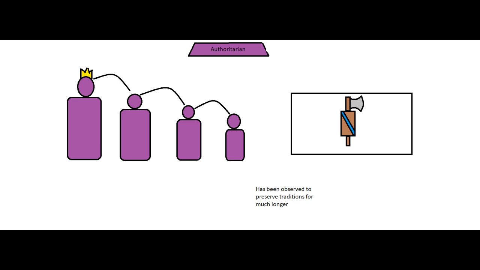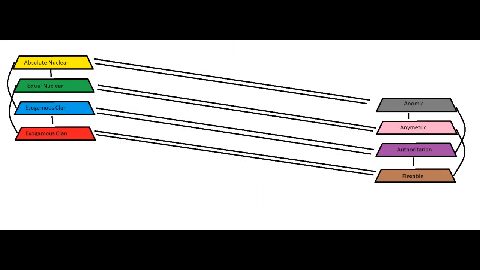This familial system has been observed to preserve traditions for much longer than other familial systems, and this familial system has also been observed to favor more classical fascist type societies. So there's that.